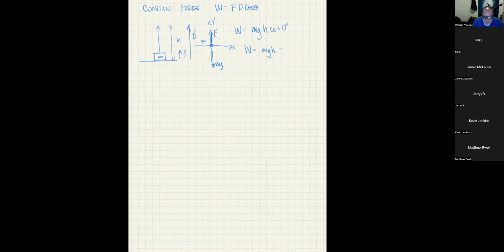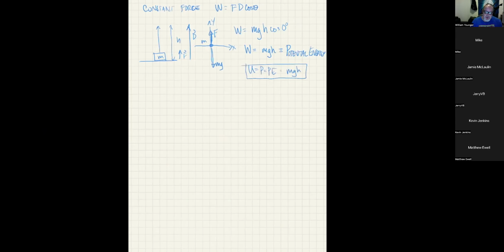And that's something we define to be the potential energy. We usually use either the symbol U or P or PE for potential energy, and its quantity is M times G times H. So that's what happens when you calculate the work with a constant force.